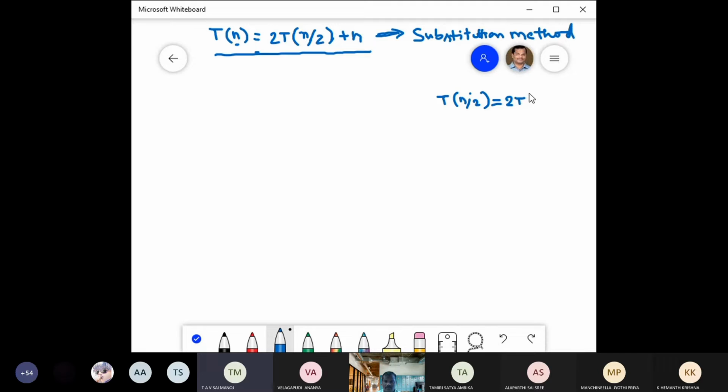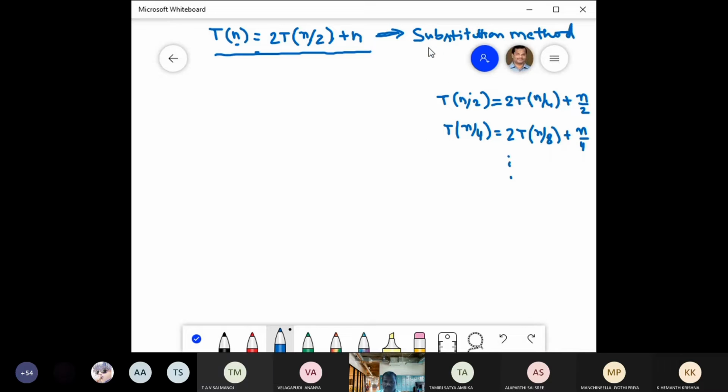So T of n by 2 will be 2 into T of n by 4 plus n by 2. Very good. Similarly, what is T of n by 4? T of n by 4 will be 2 into T of n by 8 plus n by 4. Like that you can write any number of times, right?